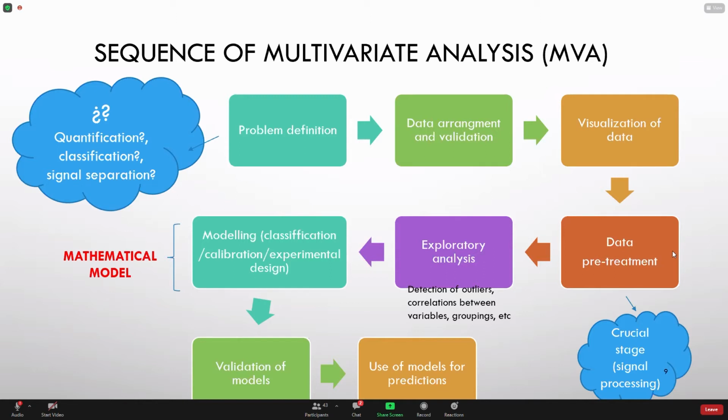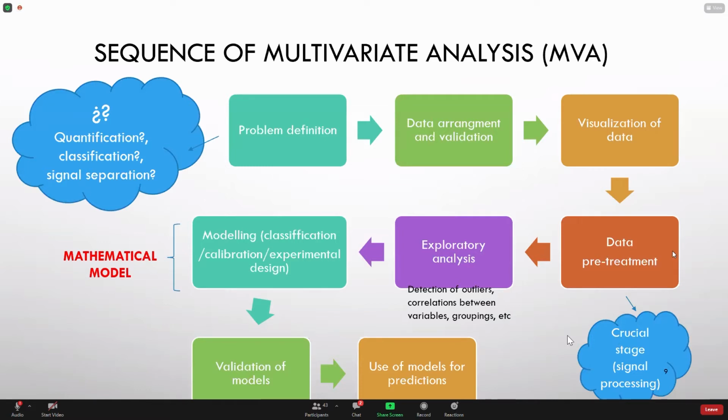Then we need to array our data in a matrix. Most methods use a matrix, and for this reason we need to know a little bit of matrix algebra, and then we can visualize our data. The data will require a mathematical pretreatment, and this stage is very crucial because here we eliminate noise, for example, or other undesired interference produced in the acquisition of a signal or data.